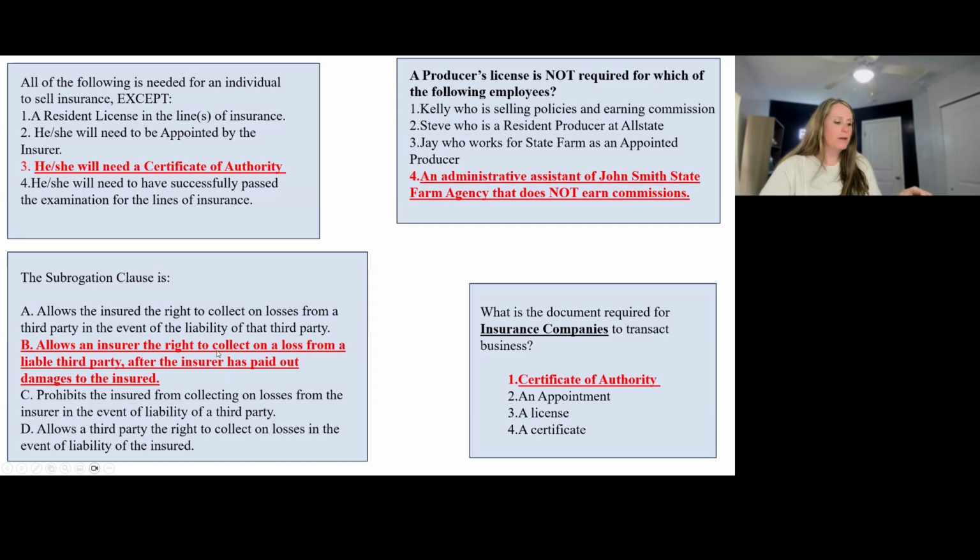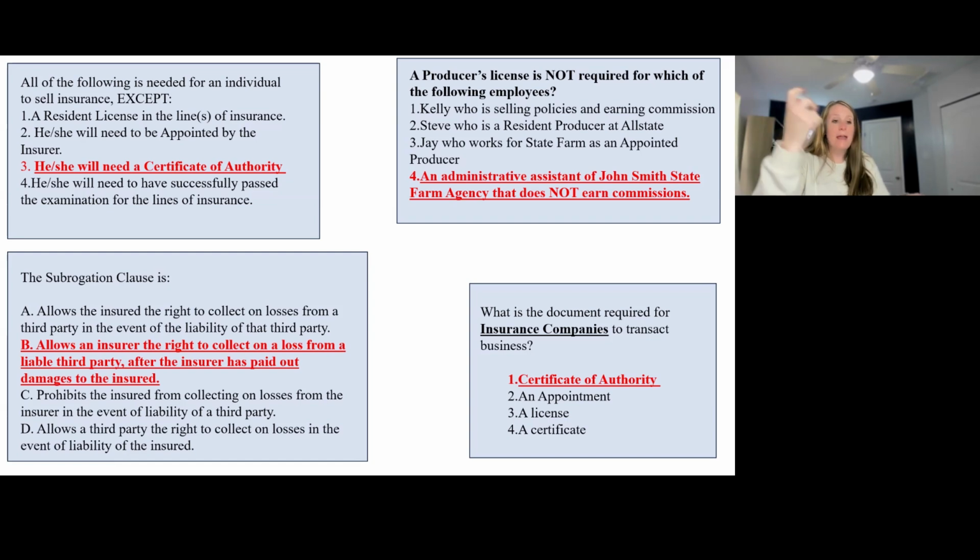I put this example in here because it speaks to the fact that even though these concepts might seem easy, insured versus insurer, this is exactly how the exam questions can get you, right? If somebody were to read A quickly on the exam, they might pick A. It sounds like a similar concept of subrogation, but that's not what it is. It's not allowing the insured the right, it's allowing the insurer, the insurance company, the right to collect from the third party.